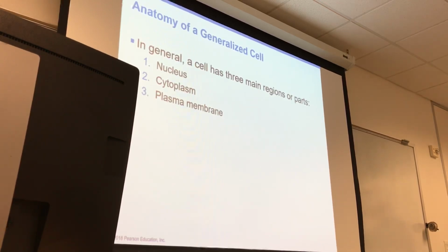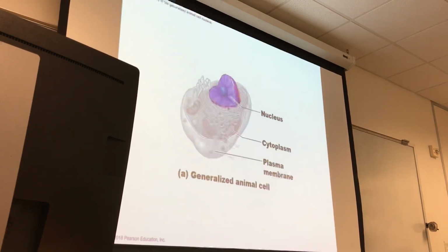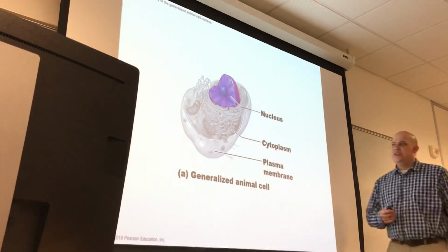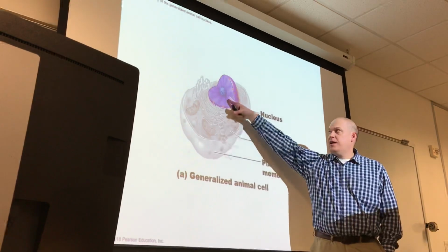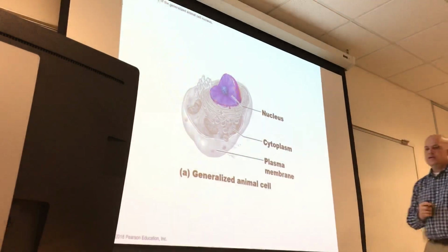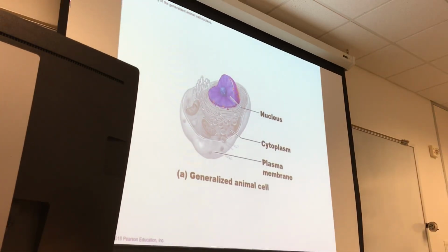The second are a series of organ-like structures known as organelles: ribosomes, mitochondria, endoplasmic reticulums, all that kind of fun stuff. So as we look at a general animal cell, which is what we're seeing here, we can see the plasma membrane, the cytoplasm, and then obviously the colorful part is the nucleus.